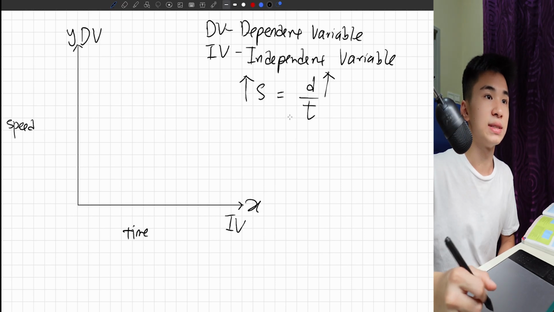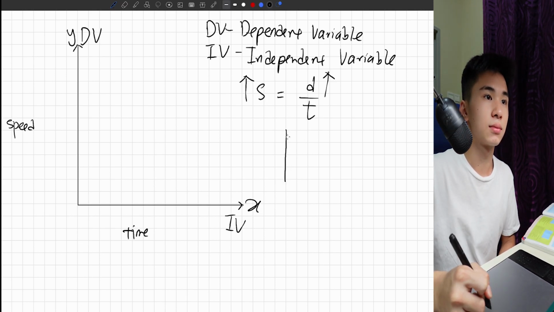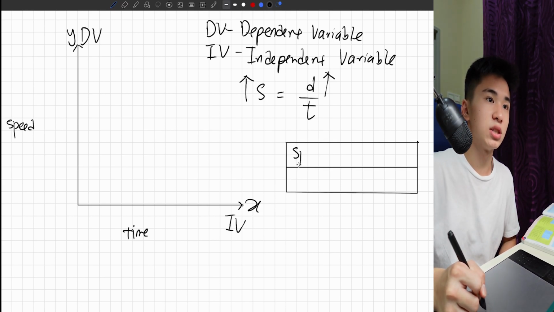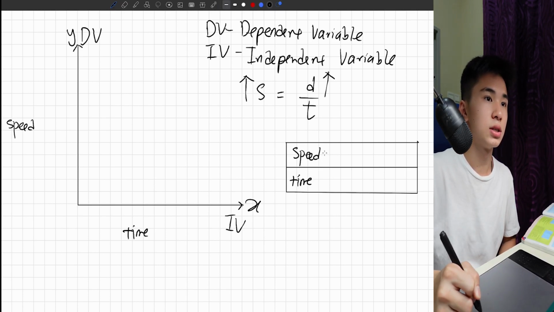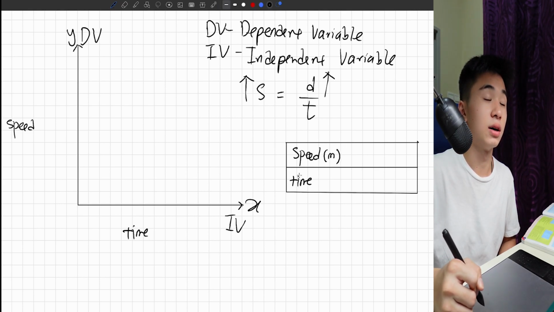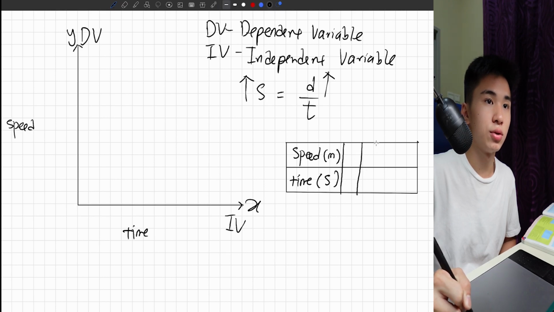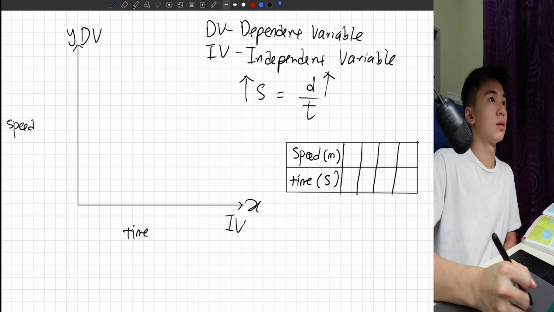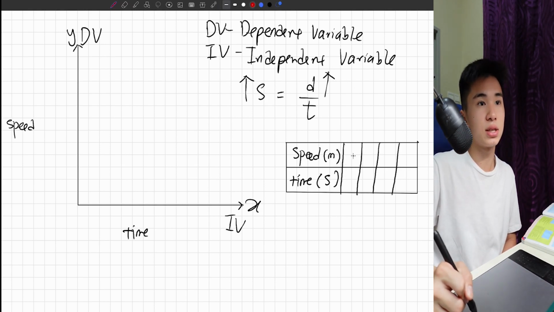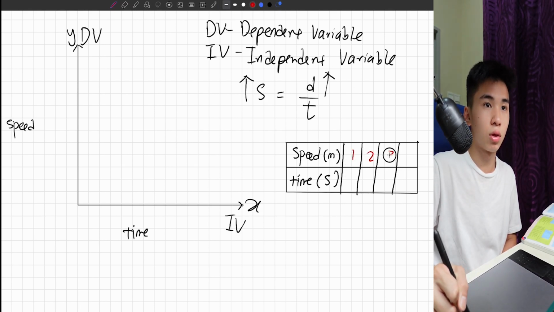So let me draw a table first. This is going to be our speed and this is going to be our time. In the speed column, we are going to put meters, and for the time we're going to put seconds. I'm going to add a lot of lines here. Let me start with 1, 2, 3, and 4.